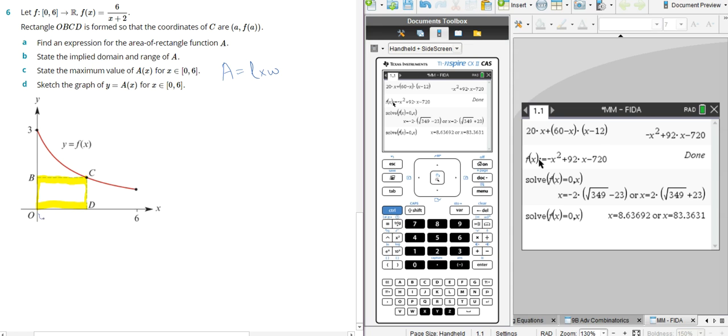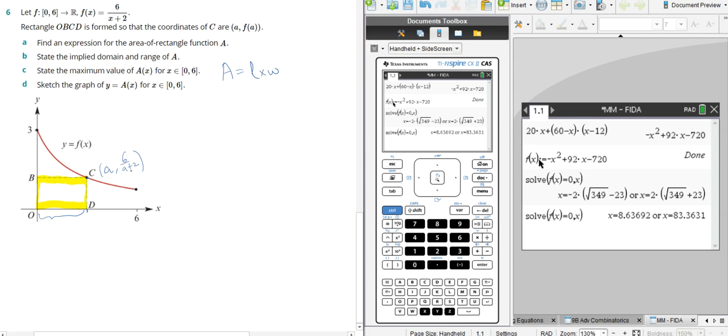So I'm going to call this length the horizontal, and if you notice, it is just this point over here. That point is the same as that point over there, C, and this C is defined as A, and the y coordinate for that is defined as function of A. So function of A is, all you have to do is put the A into that function, so you get 6 over A plus 2.